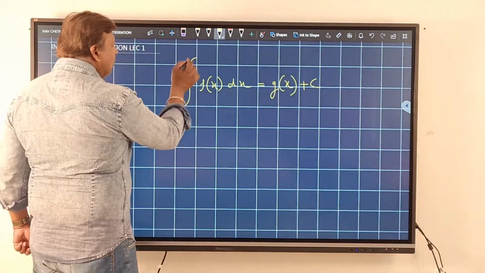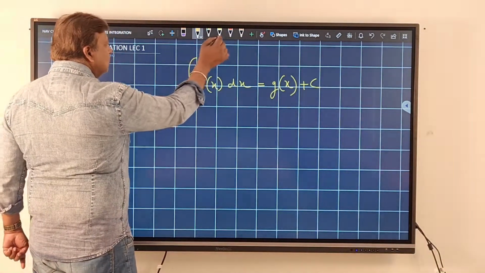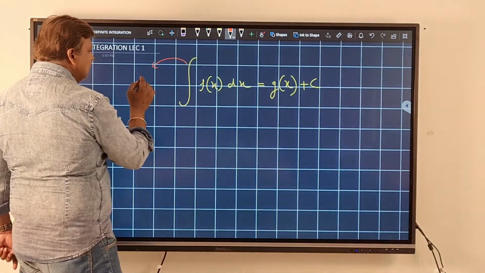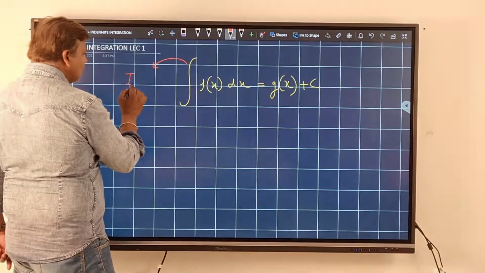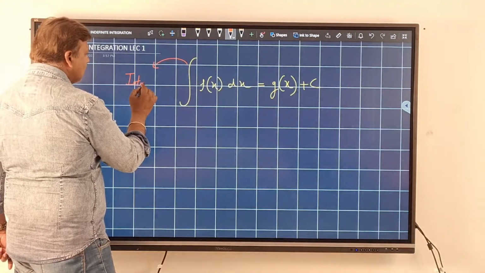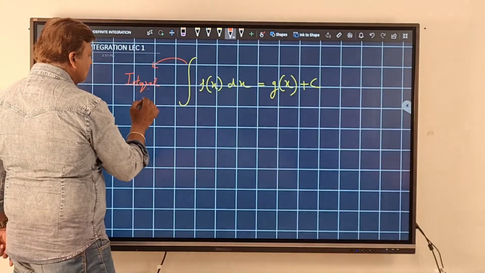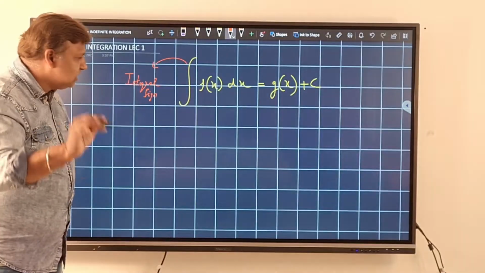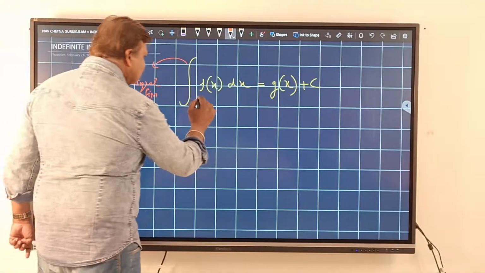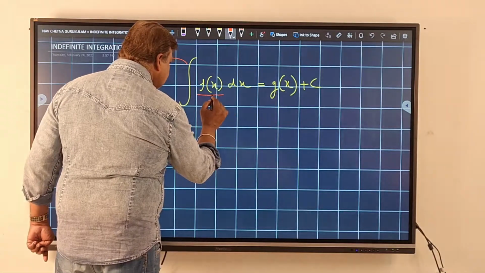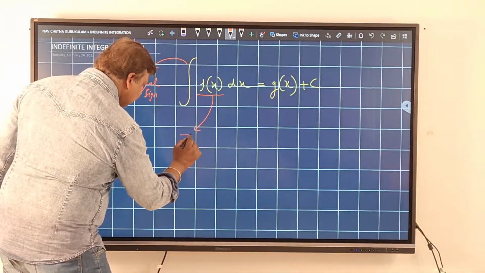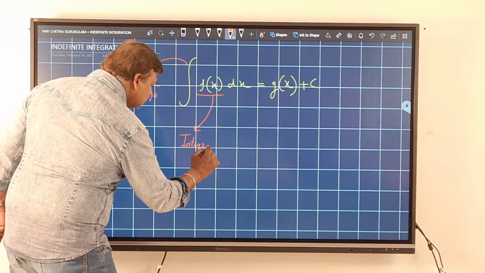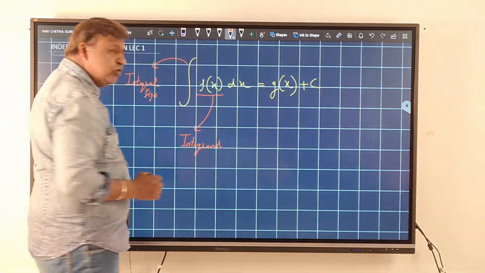Now, this symbol stands for the integral sign. That is what is actually replacing the summation sign. A simple basic terminology, students, I think this would go well with you.